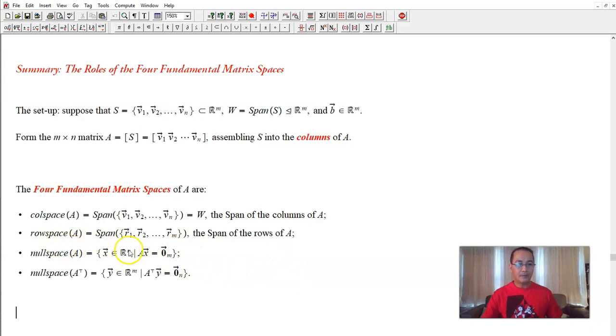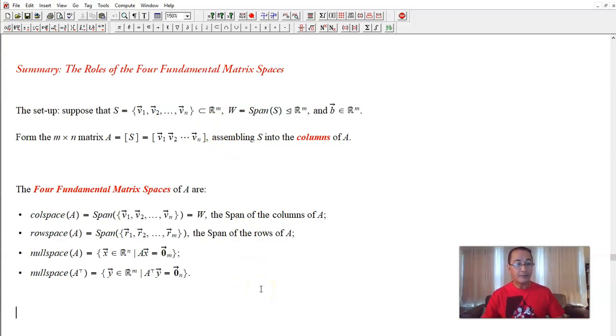The row space is now the span of row 1 through row m, the rows of A. And again, why is it m rows? It's because each of these vectors is from Rm. So we write it vertically. There are m components. There will be m rows in our matrix. So that's the row space.